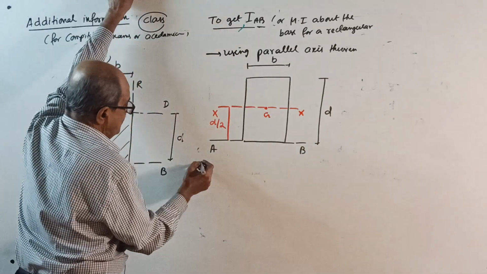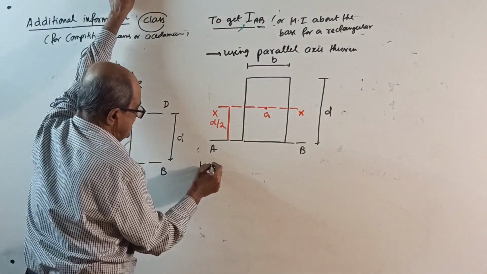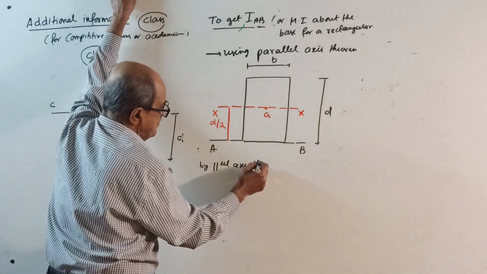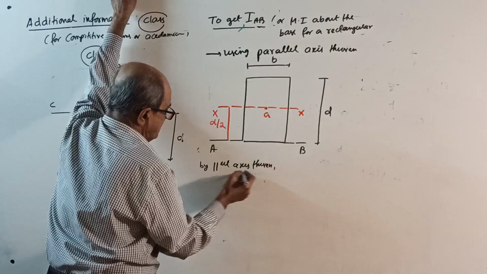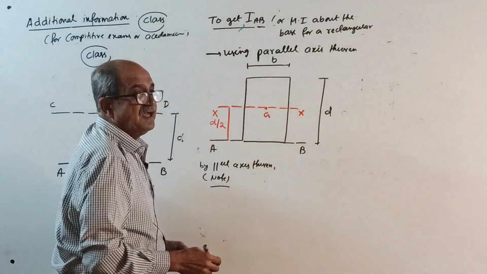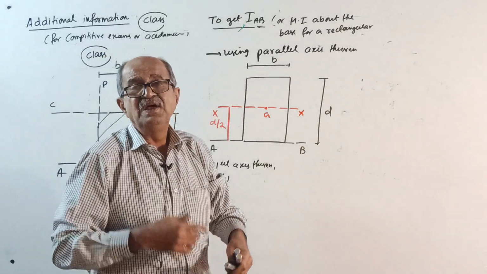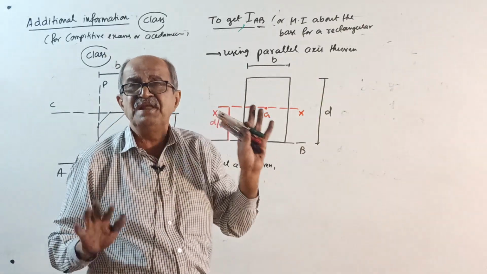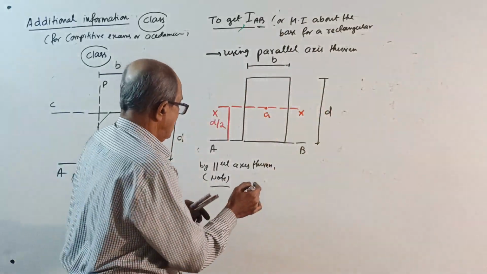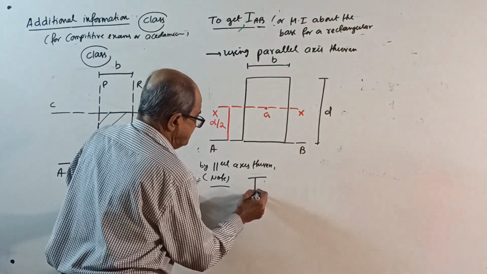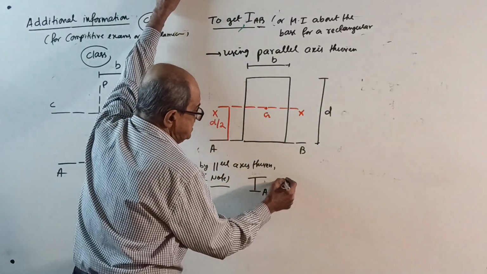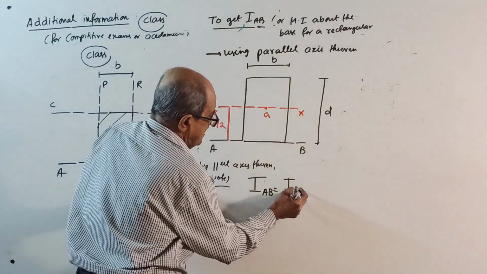Now, by parallel axis theorem, remember, you can make a note here. Anybody who is getting a little confused, a little later, a very thorough explanation is there. So you go there, study and come back. I about any axis, see, I about AB equal to IG plus A H square.